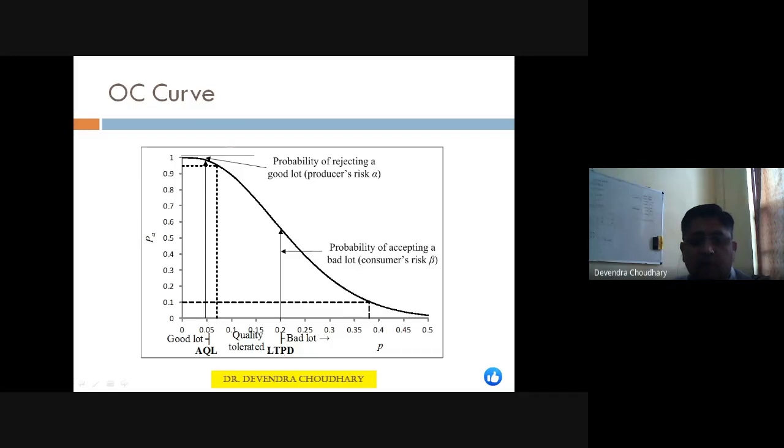AQL and LTPD values are decided based on the criticality of the quality characteristics and components used. Like for a washer, you can have AQL and LTPD values different than for another component. So depending upon the usability of the component, these values may vary.